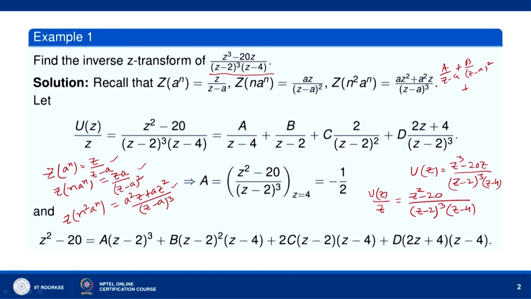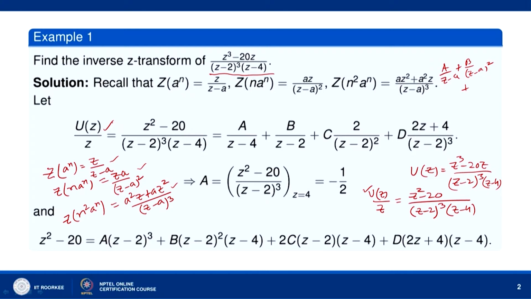So, what we will do is consider U(z) over z, and whatever remaining rational function we have, that we break into partial fractions. So, U(z) over z is (z square minus 20) over (Z minus 2) whole cube into (Z minus 4).